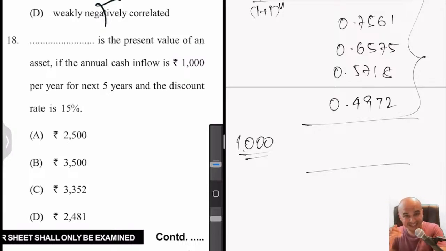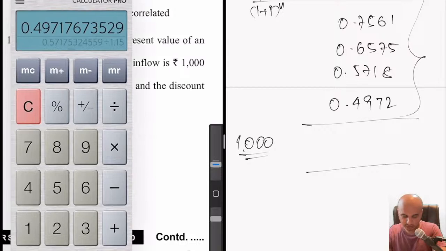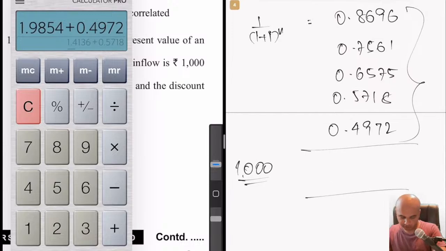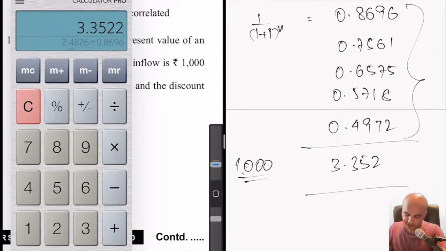It will be actually much lesser. So now let me just total all these. 0.7561 plus 0.6575 plus 0.5718 plus 0.4972. Did I miss anything? First one, plus 0.8696. So this will be 3.3522.